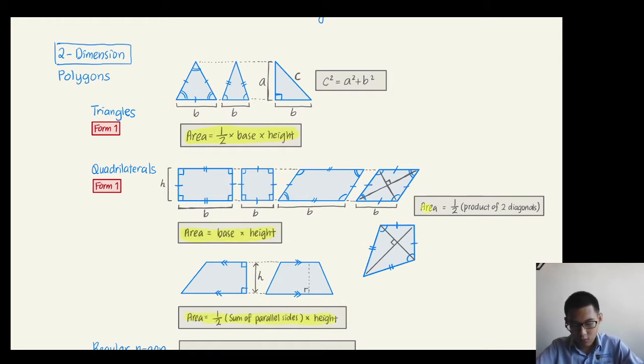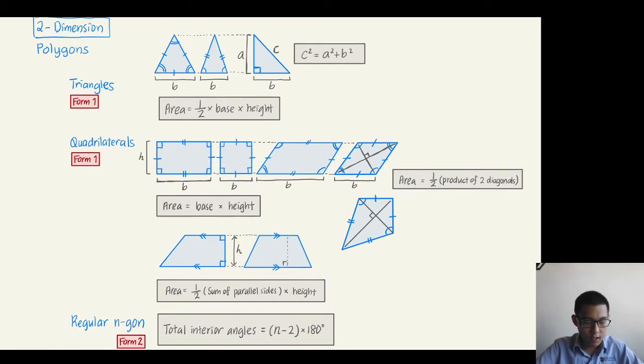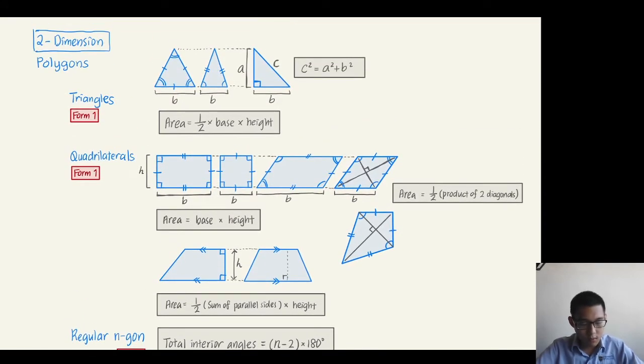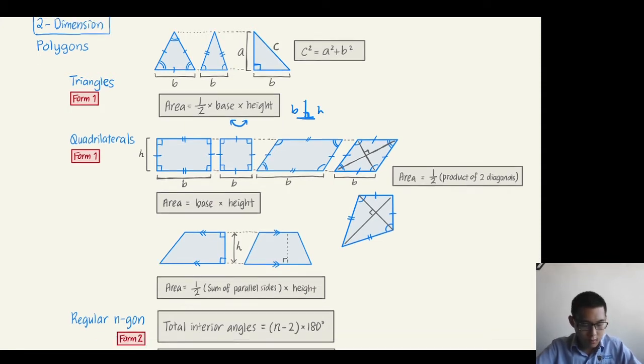So actually there are four formulas you can try to understand and remember. The triangle, I think you understand already. Make sure for each product of the dimensions, they must be perpendicular to each other. Let's say we have base and height, they must be perpendicular.